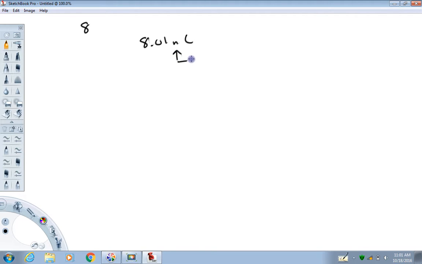This stands for nano, which means 10 to the minus 9th. So this 8.01 nanocoulombs means 8.01 times 10 to the minus 9th coulombs, is located 1.64 meters from a 4.46 nanocoulomb charge. So I've got another charge of 4.46 times 10 to the minus 9th coulombs.